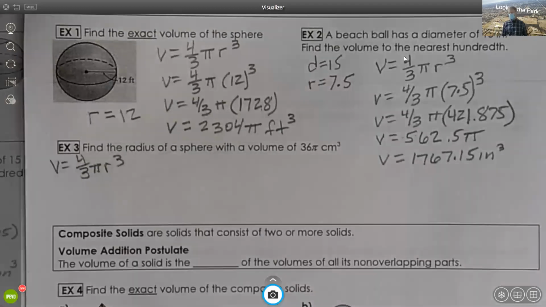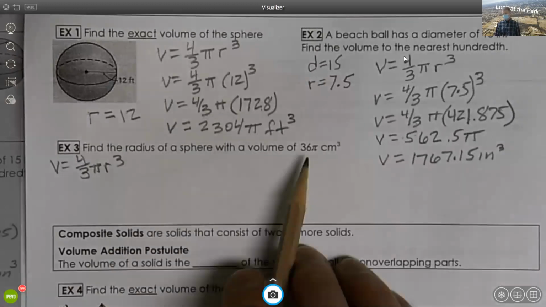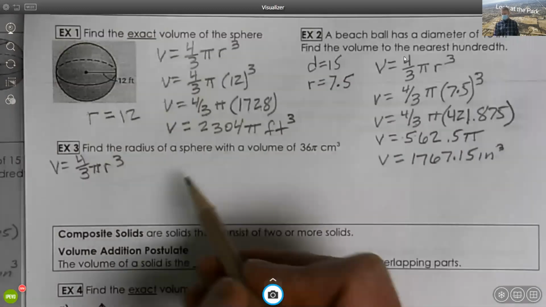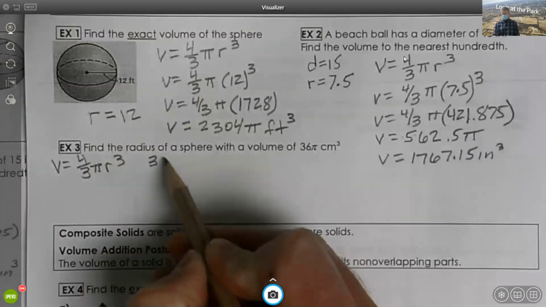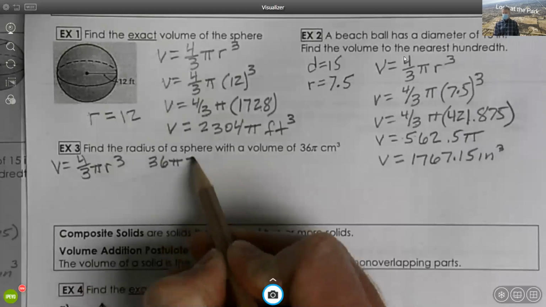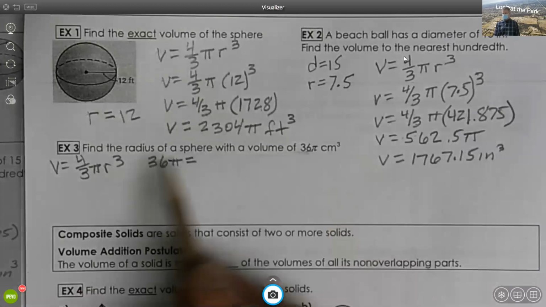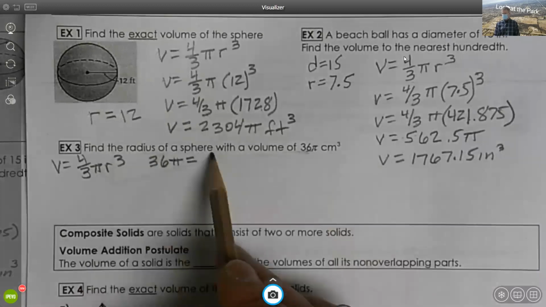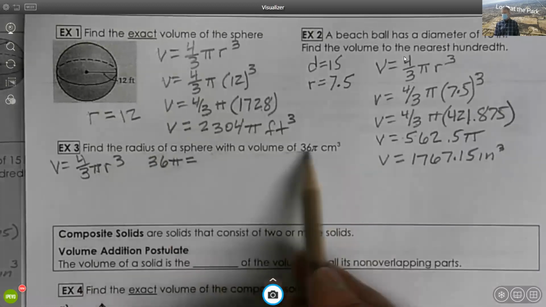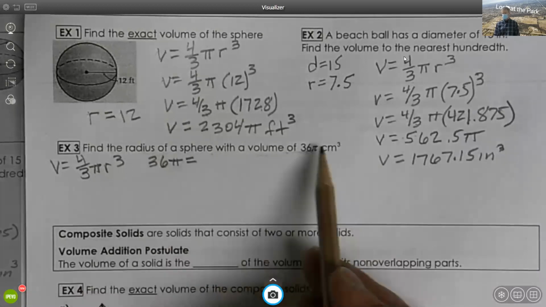Now, what are we going to do with this 36 pi? Notice it has the pi symbol. 36 pi, that is the volume. Find the radius of a sphere with a volume of 36 times pi. So we use 36 pi.